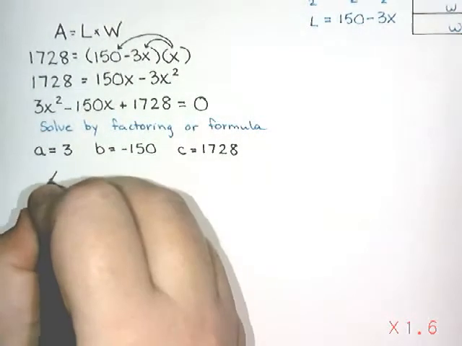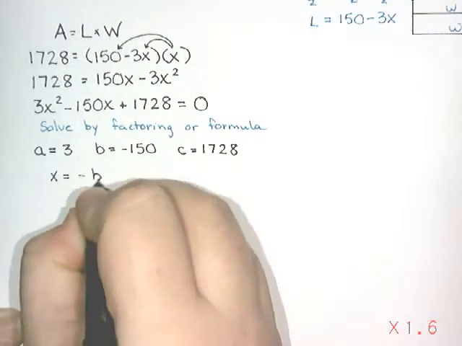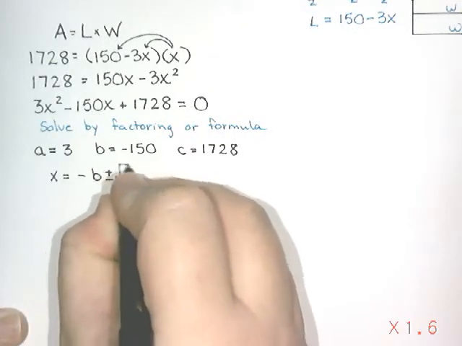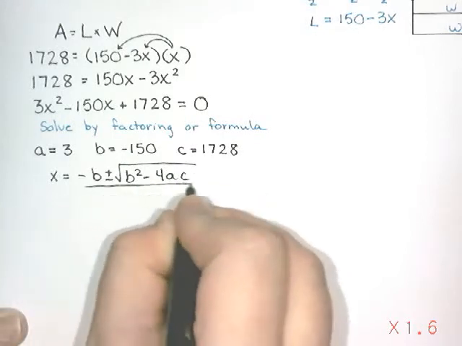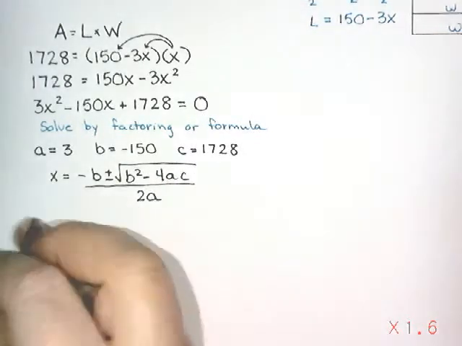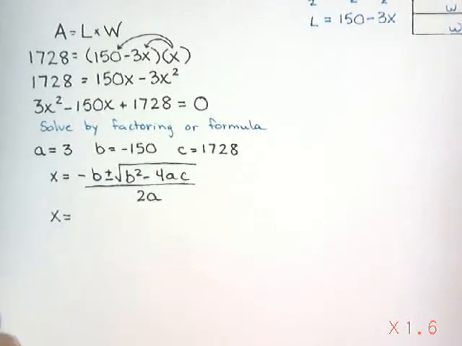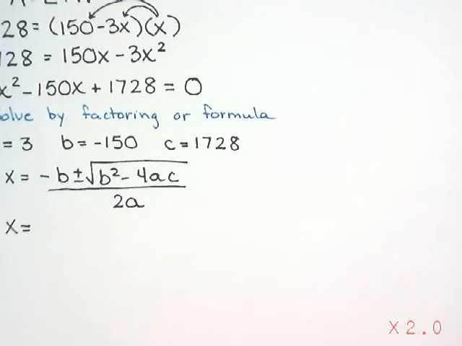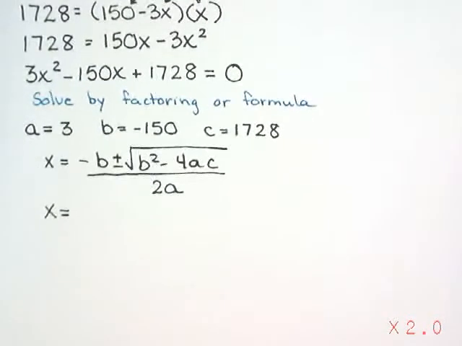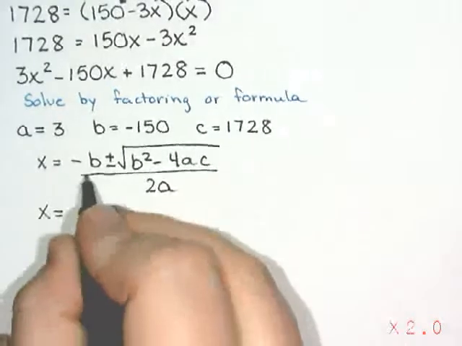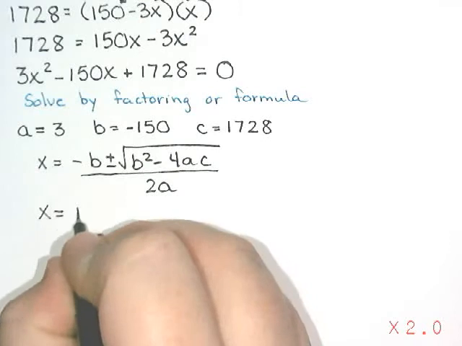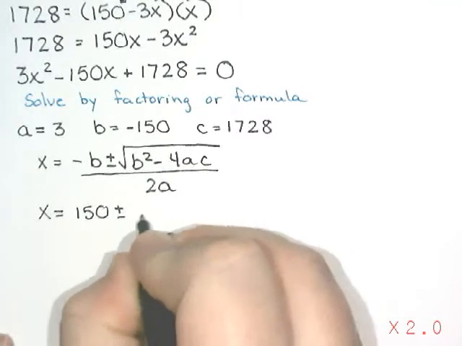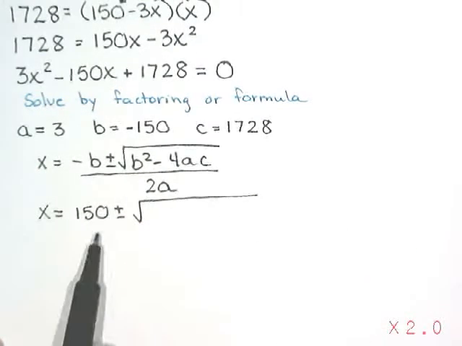So x equals negative b plus or minus the square root of b squared minus 4ac, divided by 2a. All right, then all we need to do is substitute in. Let's zoom in a little bit there. We're going to substitute in our values for a, b, and c. So negative b, we have negative 150, negative negative makes a positive, so positive 150 plus or minus, that's what gives me those two answers for my quadratic.